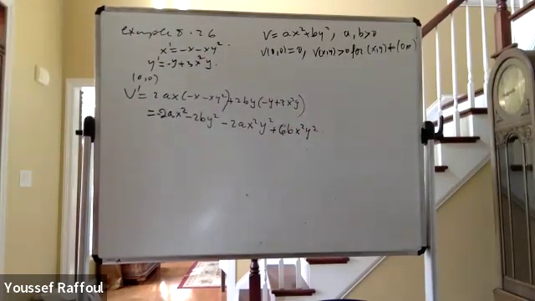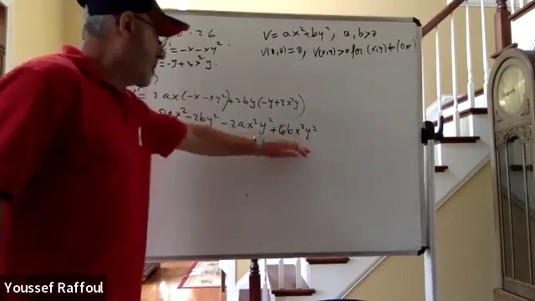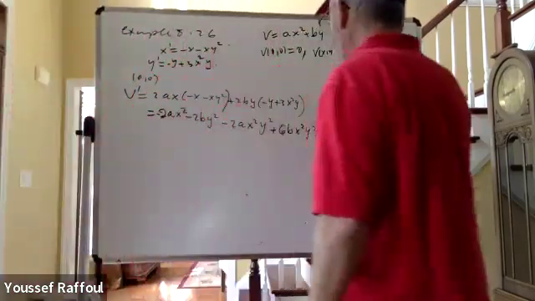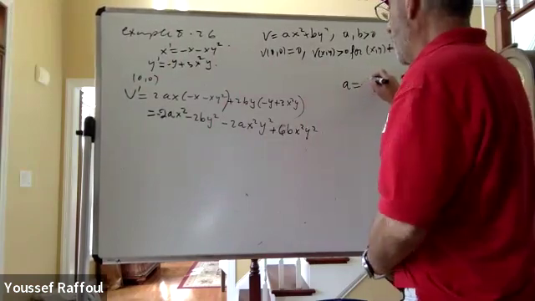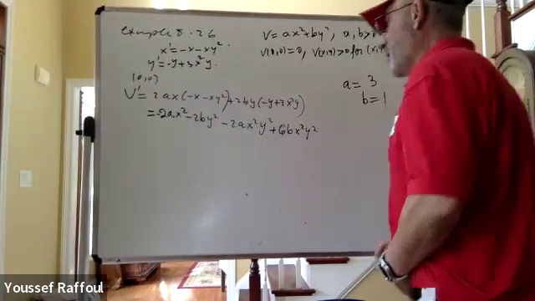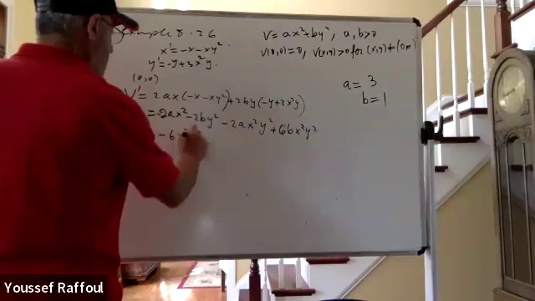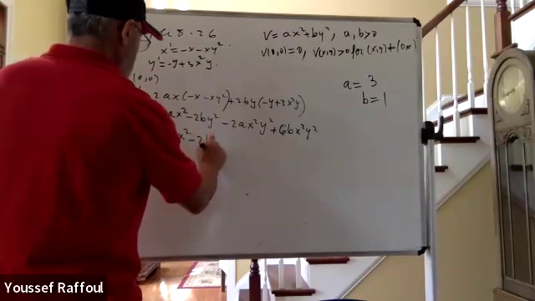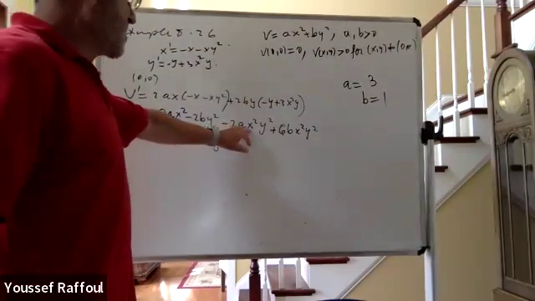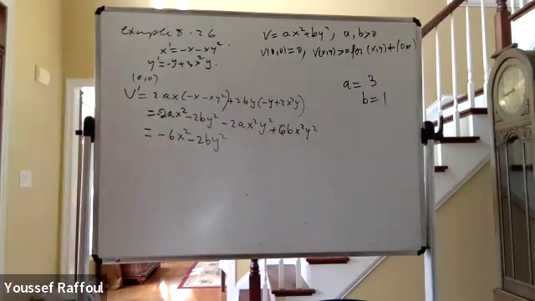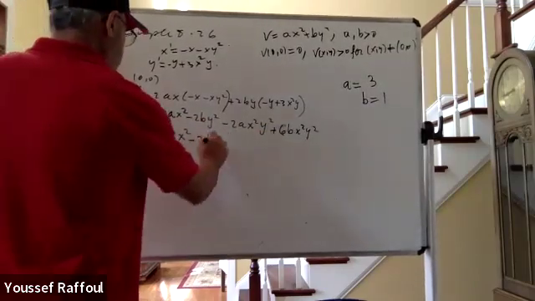Okay, now I want these two terms to cancel out. So if I take a is 3 and b is 1, this is going to be minus 2a x squared y squared, with a equal to 3 that will be minus 6x squared y squared plus 6x squared y squared minus 2 y squared.